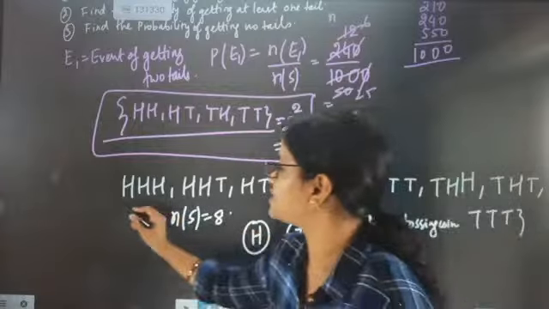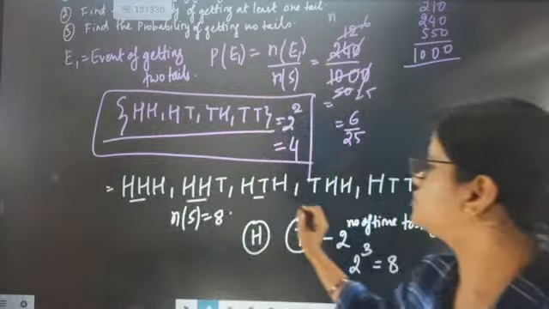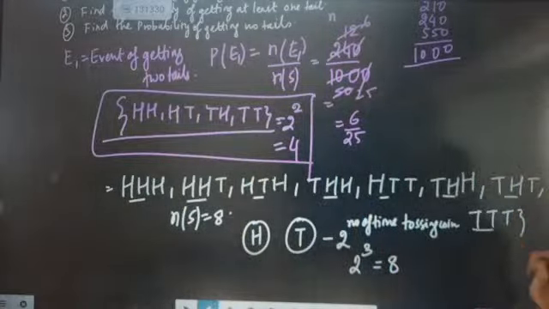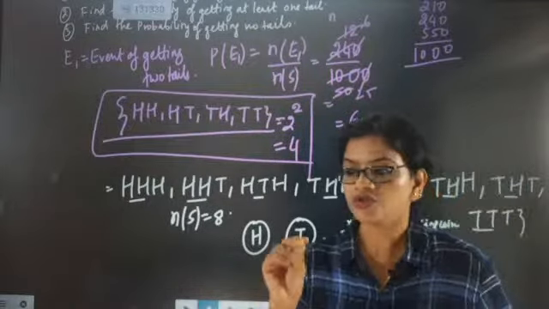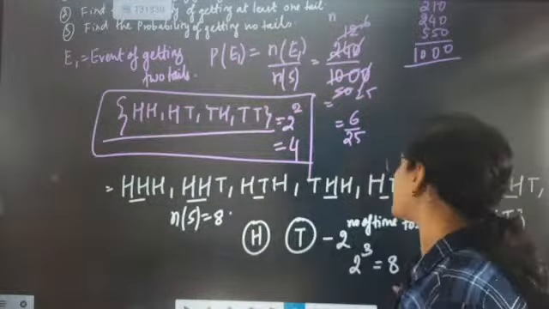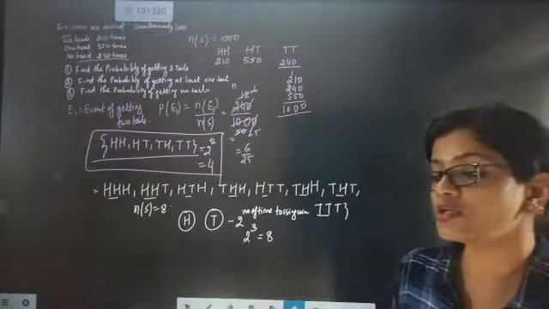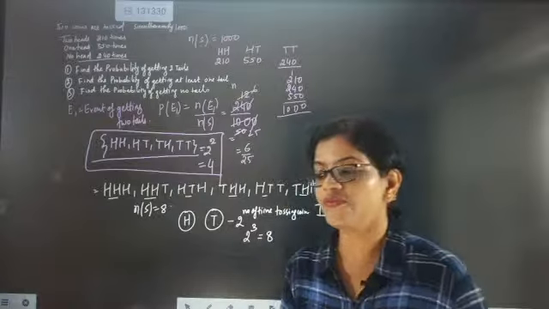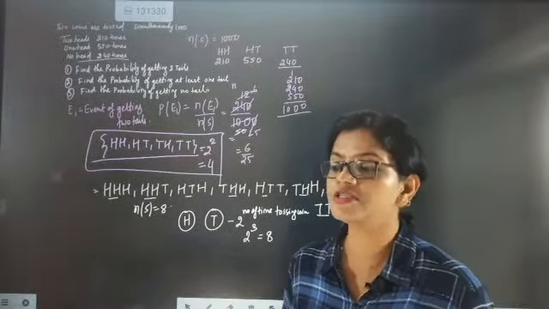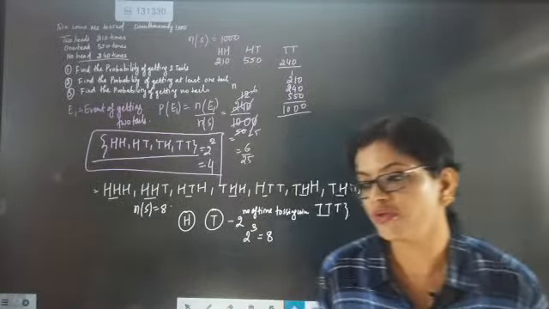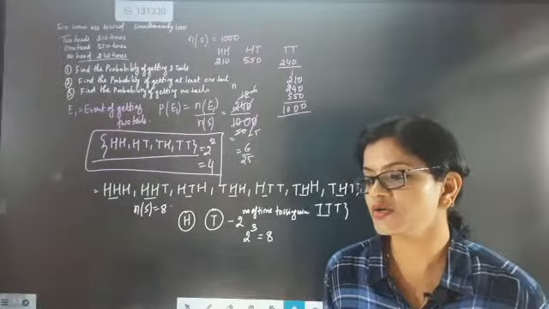Let's check this: 1, 2, 3, 4, 5, 6, 7, 8. So total 8 possibilities. Now I am asking one simple question. If we are having 10 coins, then what is the total sample space?